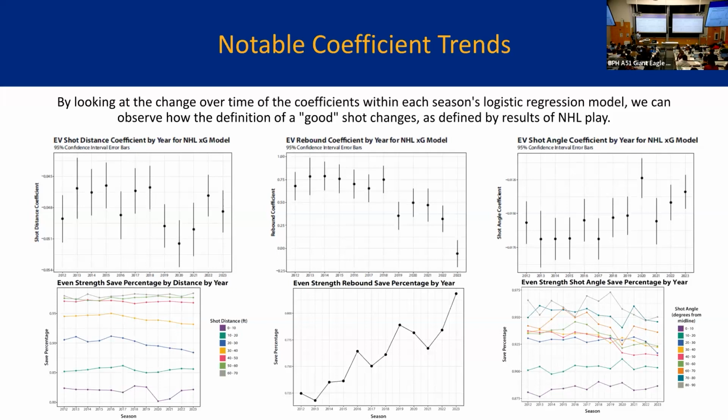So that could indicate that shots from those distances are going in more frequently, and potentially that shooters are improving over those distances. And then lastly, on the top right, we have the shot angle coefficient, which starts out in the negatives and is approaching 0 over time, which again indicates that shot angle is becoming less of a predictor for goals.